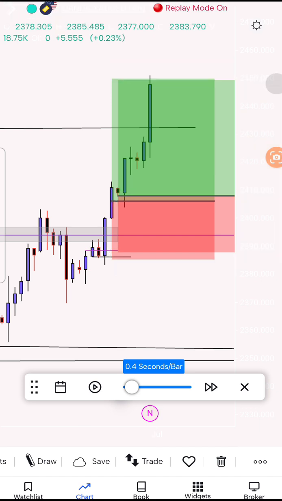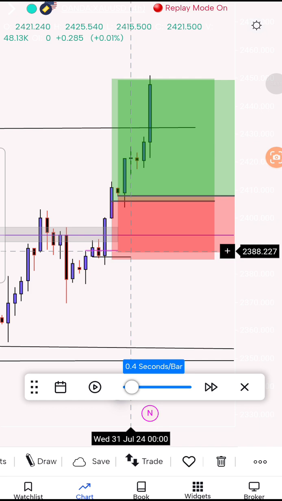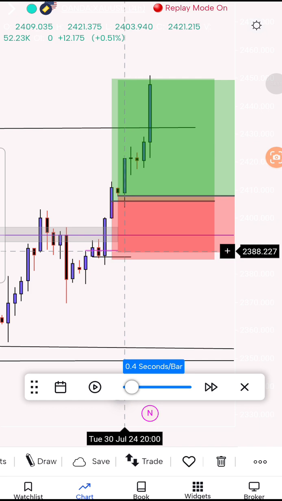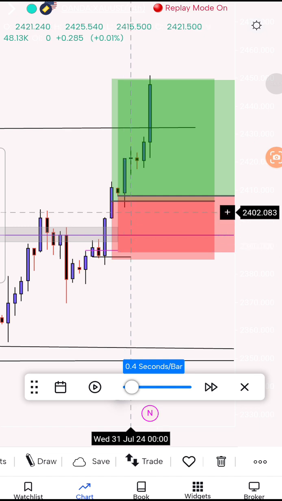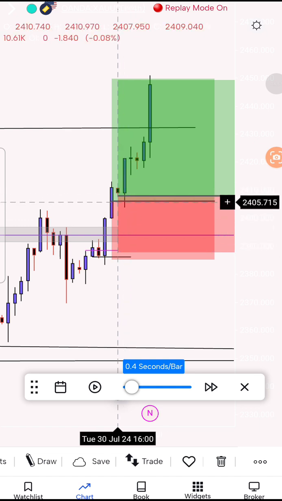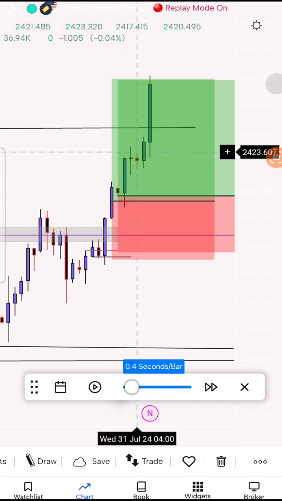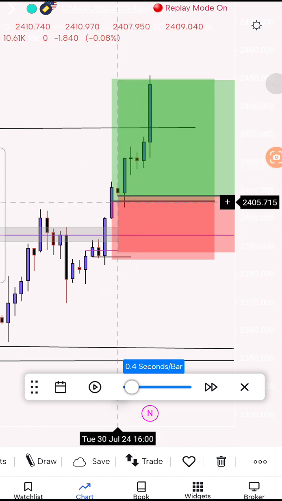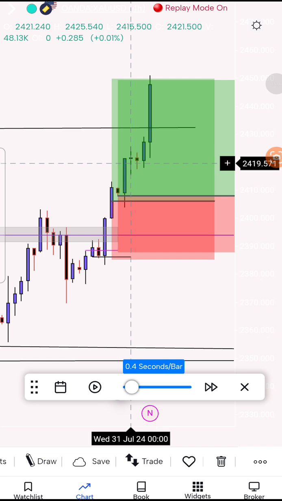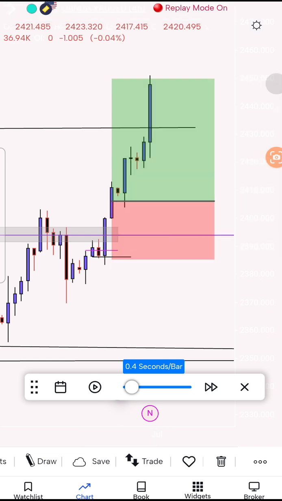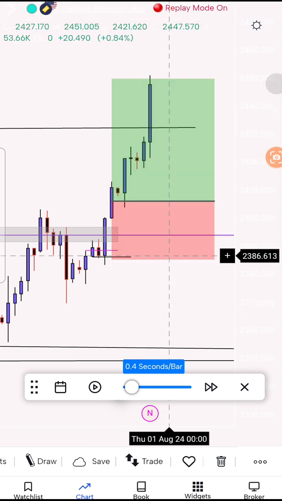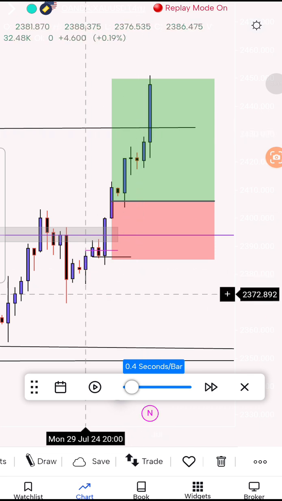Yeah, would have been also a good trade, and that would have happened as of Tuesday 8 p.m., right? So timing also wasn't really ideal, but you can see price displaced nicely, tapped into the fair value gap and pushed higher. So you can see with the first trade that we're talking about.